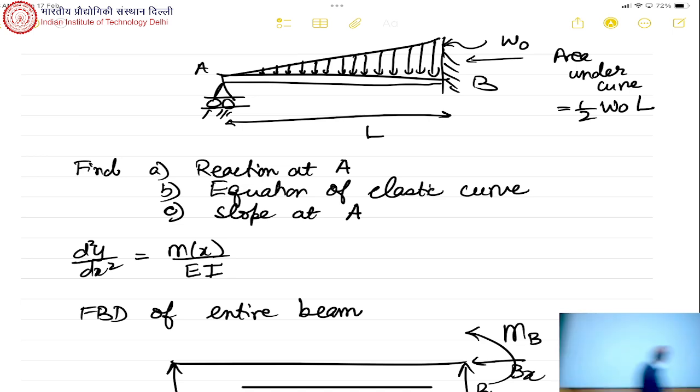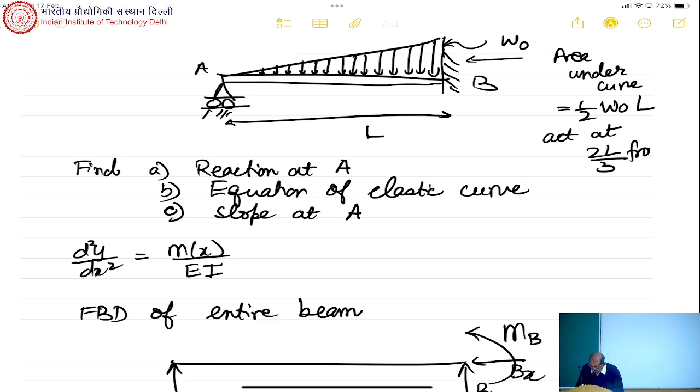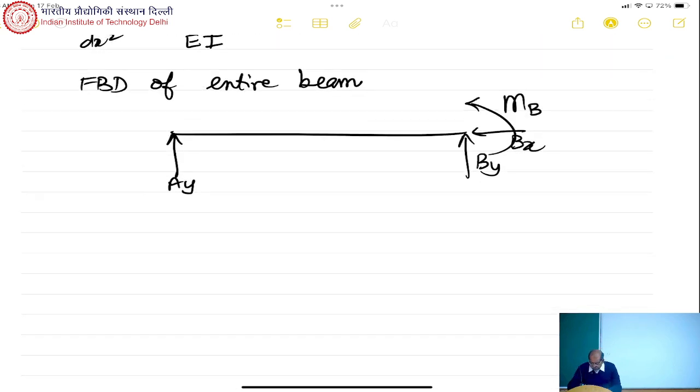And where does it act? It acts at the centroid of this area, so it will act at 2L by 3 from A. So in this free body diagram, I will get W0 L by 2 at a distance of 2L by 3.